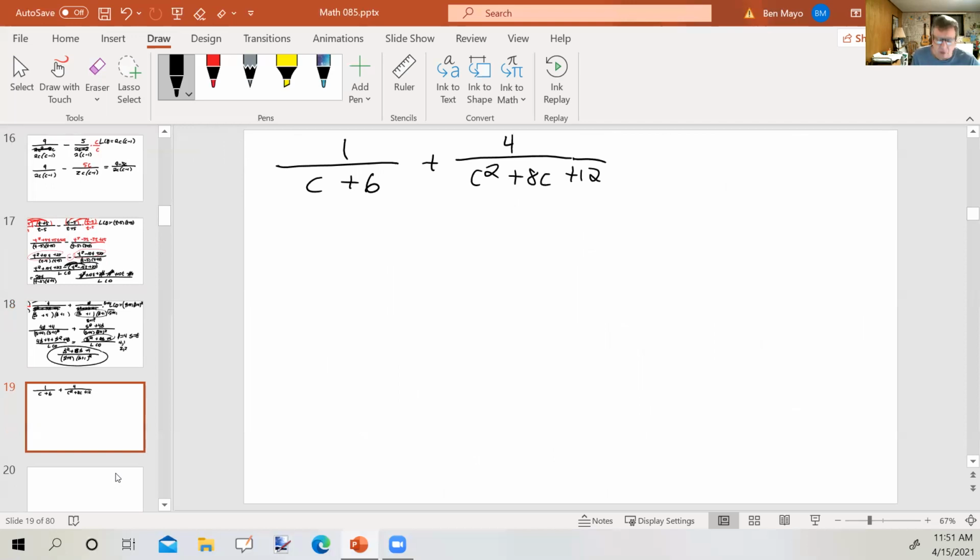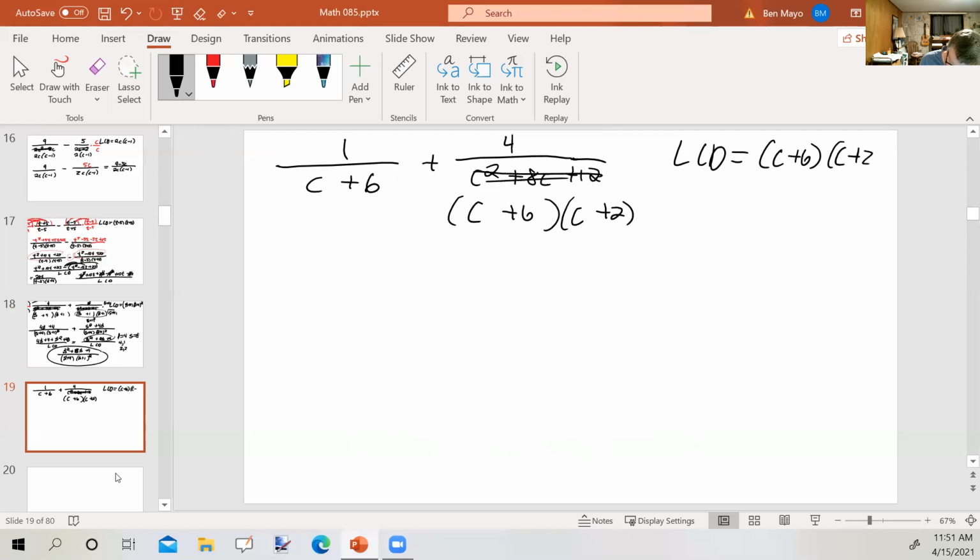The first denominator is factored as far as we can go. The second denominator can become c plus 6 times c plus 2. So now I see that my LCD is c plus 6 times c plus 2.